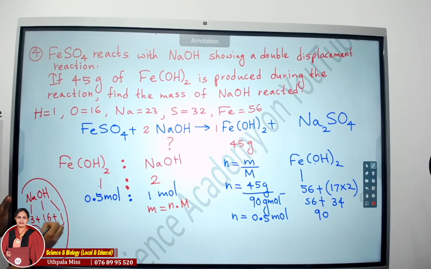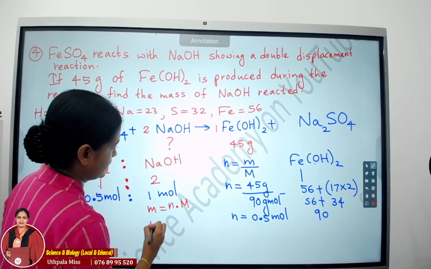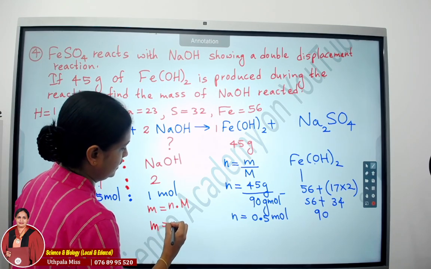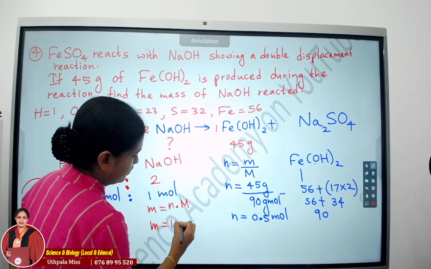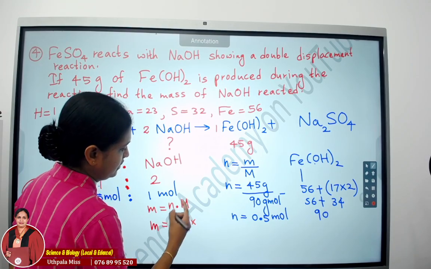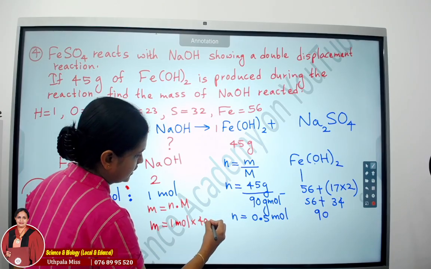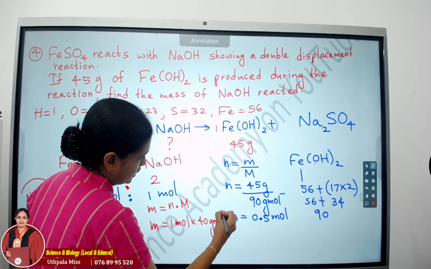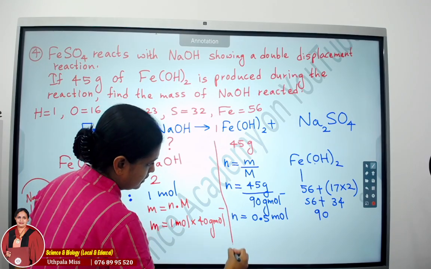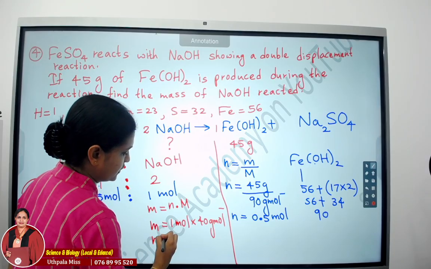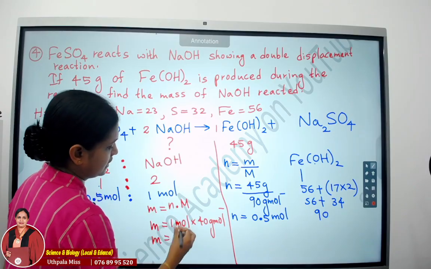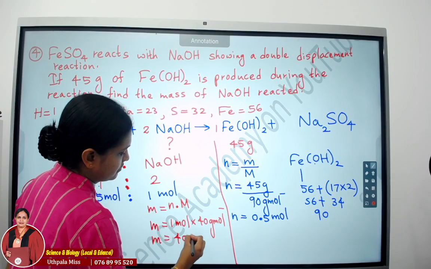So altogether 40 නේද? 40. And the mass of sodium hydroxide needed is 1 mole multiplied by the molar mass, 40 grams per mole. So the mass of sodium hydroxide reacted is 40 grams.